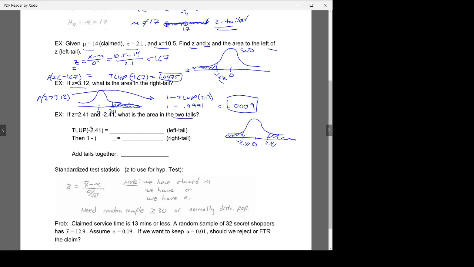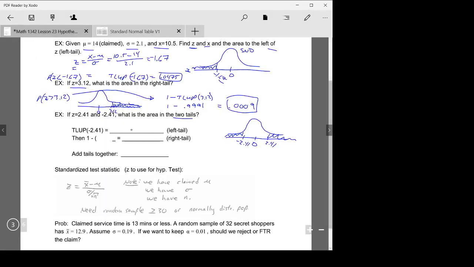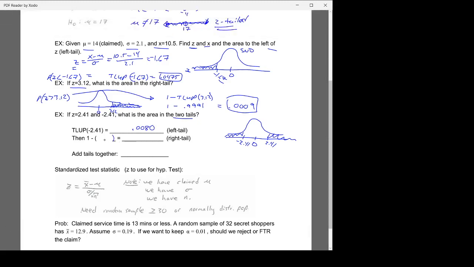So here, let's look at this one, it's easy, right? We just do a table lookup of minus 2.41. So that's easy. Minus 2.41 is 0.0080. And then this one we can look up and then subtract it, but we should get the same, right?